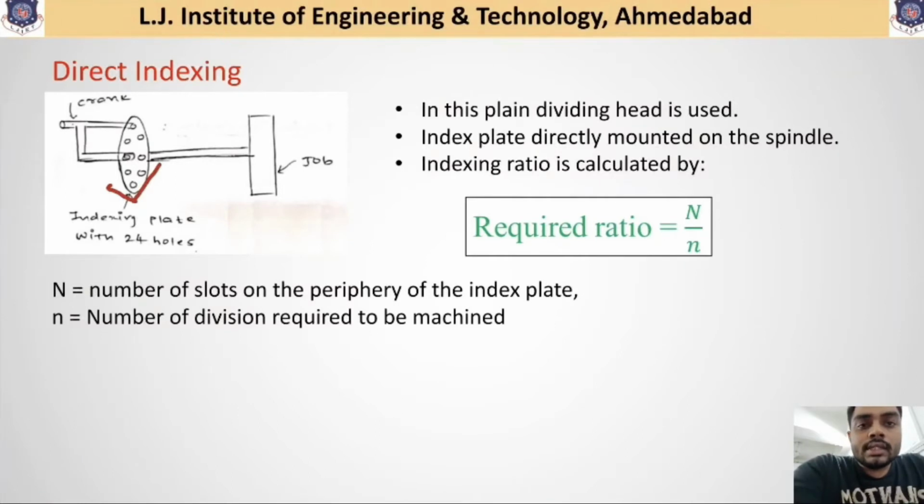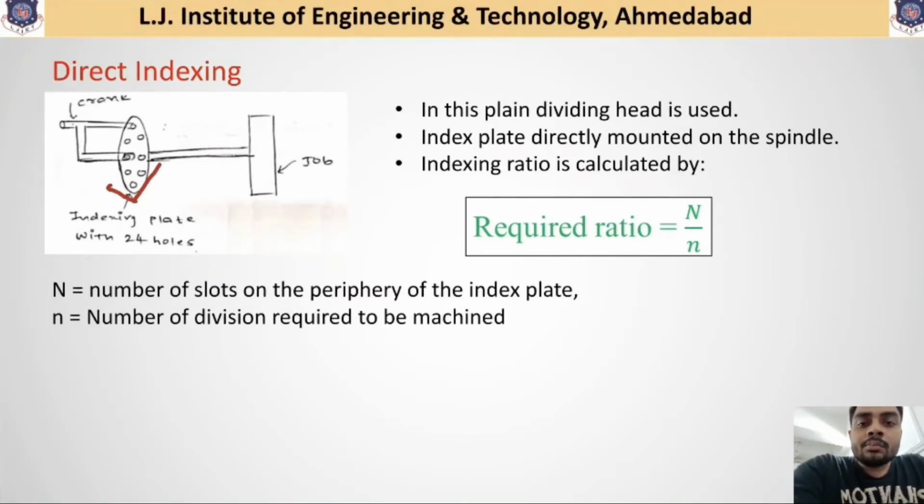Small n is the number of divisions required to be machined on the workpiece. To understand direct indexing, please keep in mind that only the plain dividing head will be used, because we have studied both the plain dividing head and the universal dividing head, but for direct indexing only the plain dividing head is used.